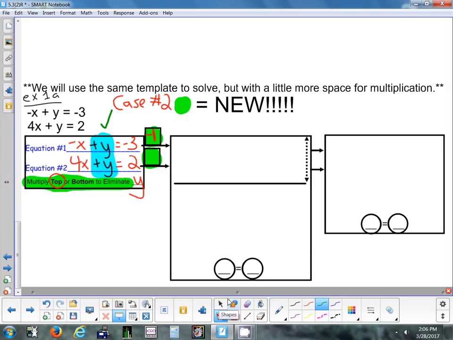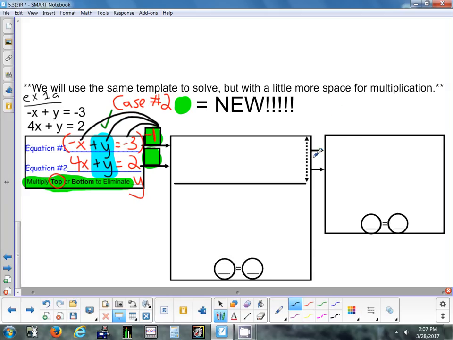What I'm going to do next is put parentheses around everything for equation 1 to get it ready to multiply. I'm going to do -1 times -3, -1 times y, and -1 times -x.